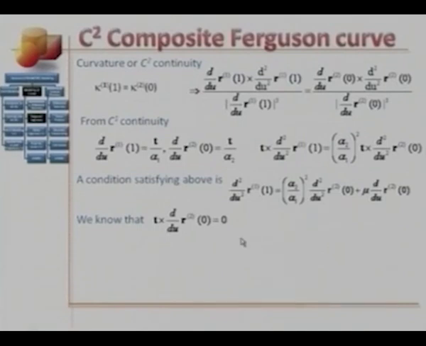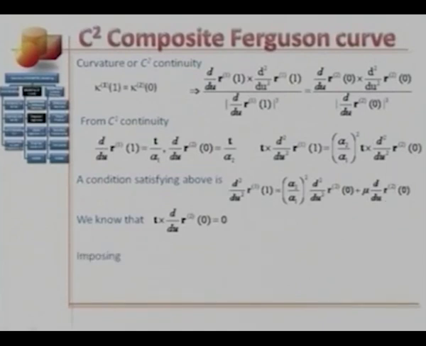You can satisfy yourself by plugging in the expression for this term here. This term here will give you this term, and no matter what the value of mu is, t crossed with the corresponding slope will be 0.